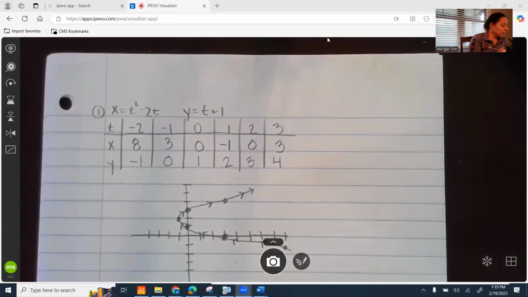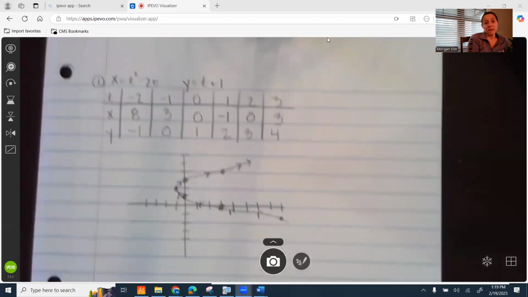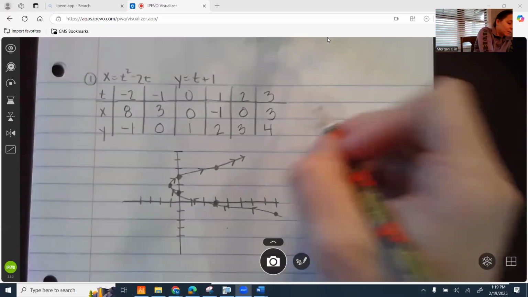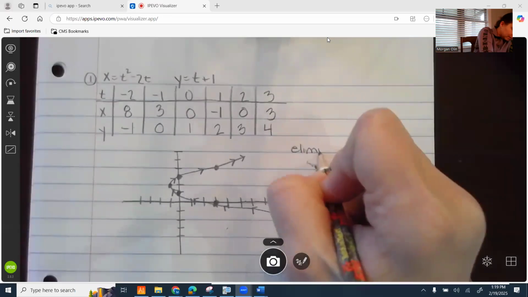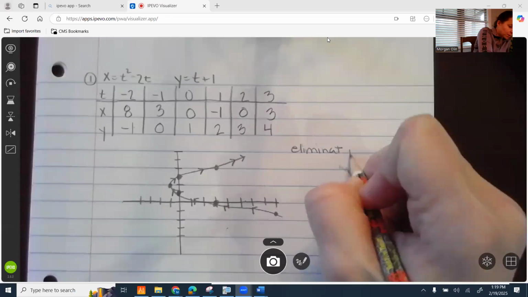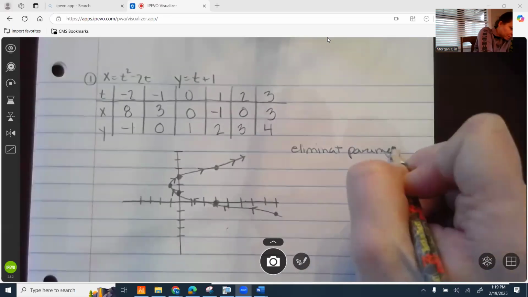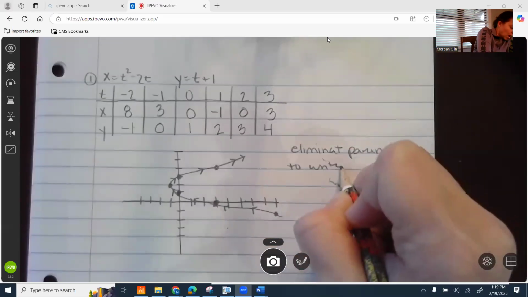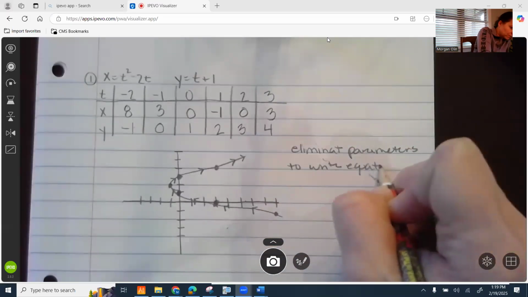All right, now say I want to write an equation for this thing that is not a function. It looks like a sideways parabola. So here, the first thing we want to do is eliminate the parameter to write the equation for the curve.